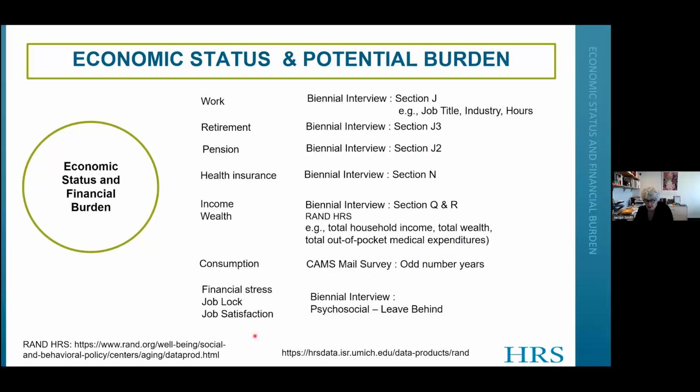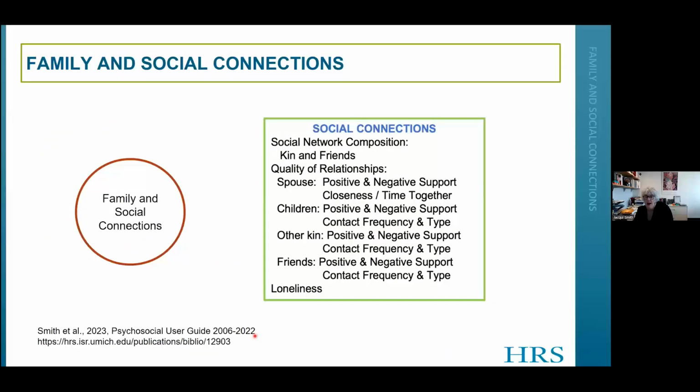You'll be able to see all these links in the PDF file, which will be in your resources. How about family and social connections? Well, there's obviously the number of people who live in a household, whether somebody's married or not, or divorced, all of those sorts of things. But in the psychosocial questionnaire, we have much more in terms of the number of friends and the number of other family members.